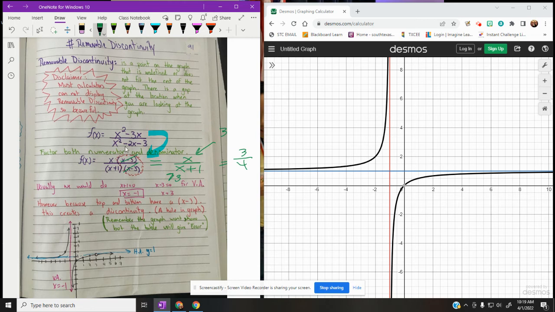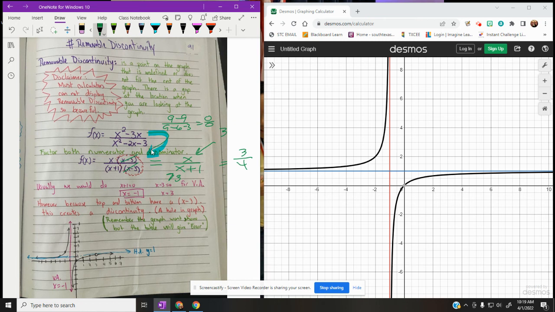But if I was to plug in 3 up here into the original equation, we're going to get a 0 down here. So look, we're going to get 3 squared, which is 9, minus 3 times 3, which is also 9. And then 3 squared is 9, minus 6, minus 3, we get 0 over 0.